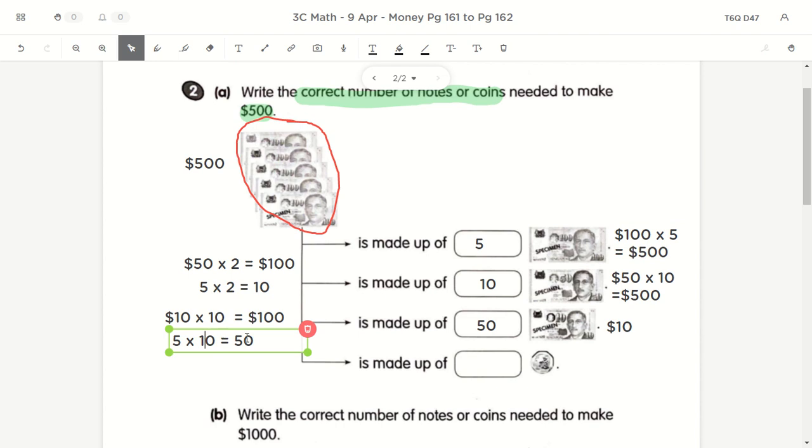So 5 times 10 gives you 50. So there are 50 $10 notes to give you 500. So same thing, if you do multiplication, $10 multiplied by 50 of them will give you 500.